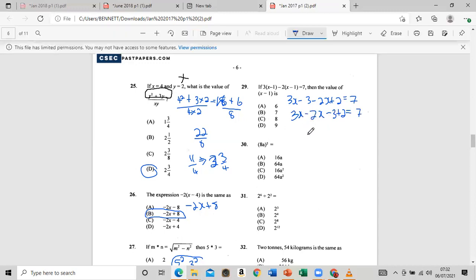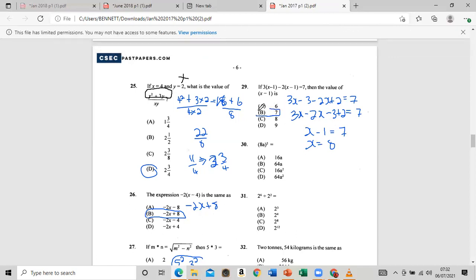So this gives me x minus 1, and that is equal to 7. So therefore, x is equal to 8. Now what did they ask for? X minus 1. So 8 minus 1 gives us 7.